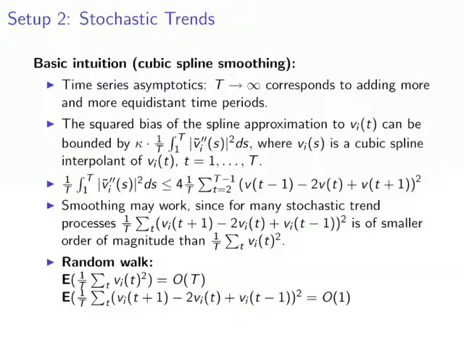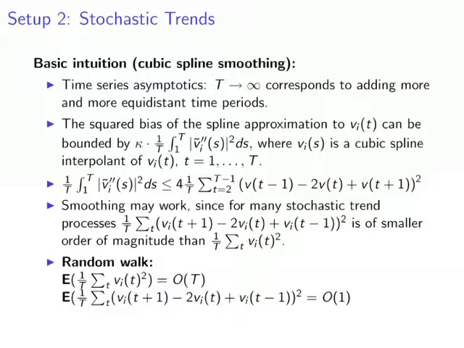But nevertheless, what you can show is that the bias of a spline approximation to a random walk depends on the quality of the so-called cubic spline interpolant of this random walk, and there it can be shown that it depends on the second order differences. So if you difference the process and consider the second order differences, you can show that the bias of your estimate is proportional to the second order differences of this process.